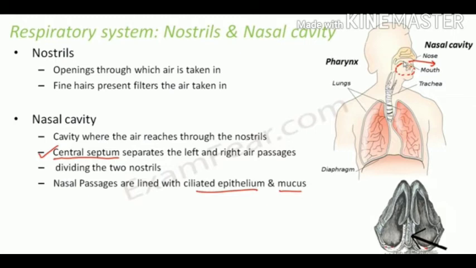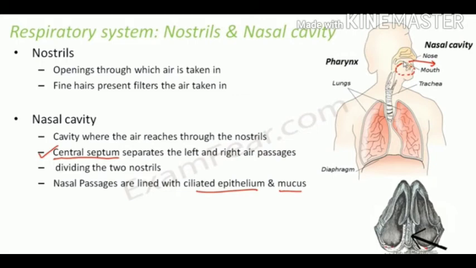We also call it the nasal septum. The two holes of the nostrils are divided by a wall, and we call that wall the central septum or nasal septum. Actually, it separates the left and right air passage, dividing the two nostrils. That is the central septum, or nasal septum.